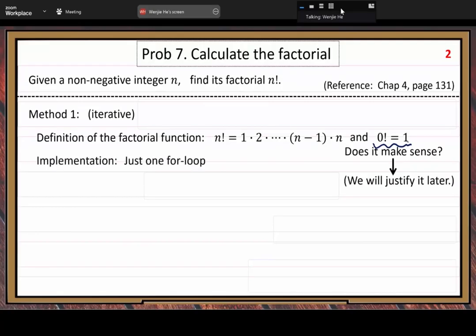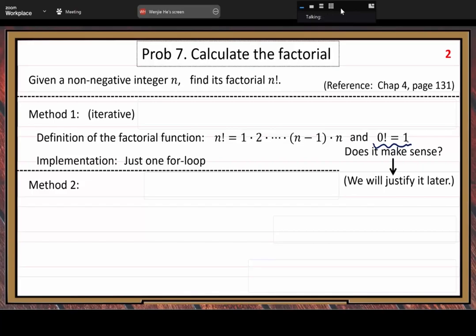Implementation: just one for loop. I do not need to write it out, so you know how to do it. But we want to do it differently. In this method 2, we use the recursive way to do it.